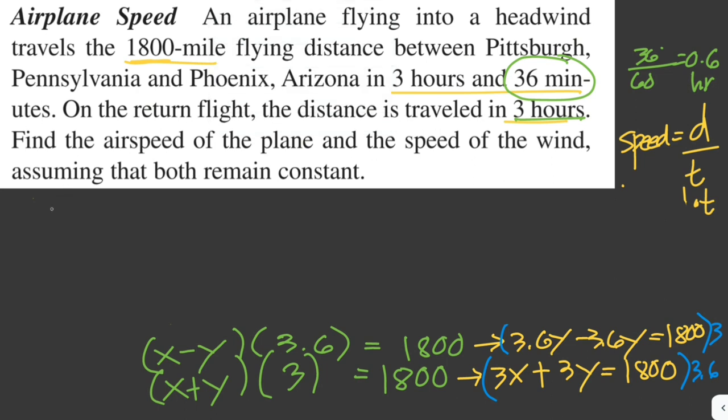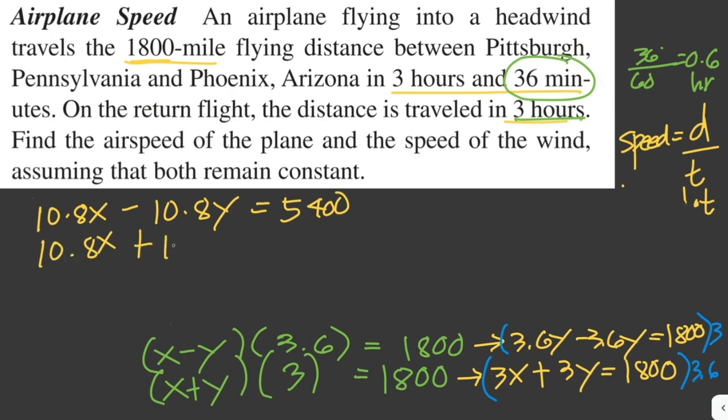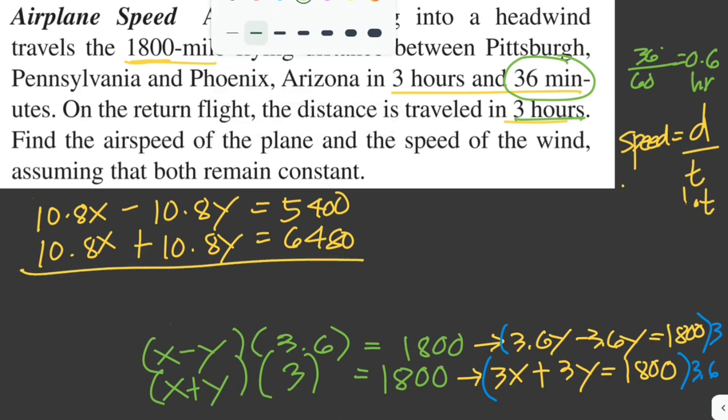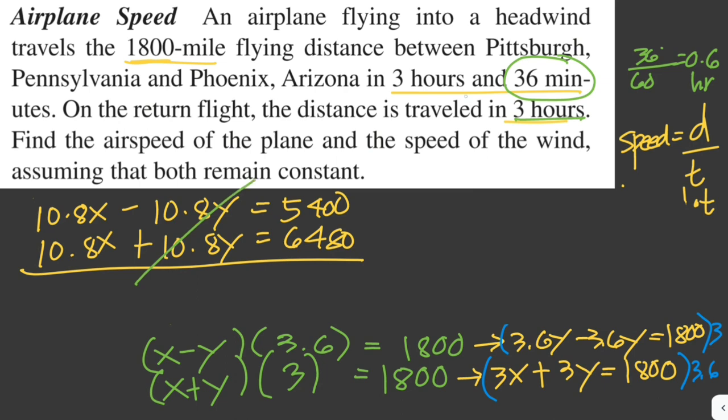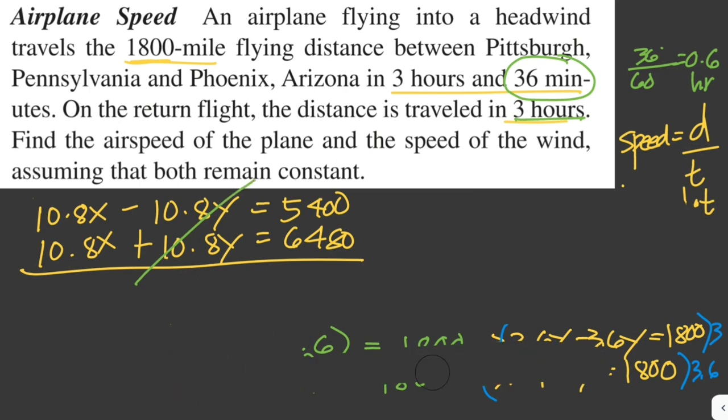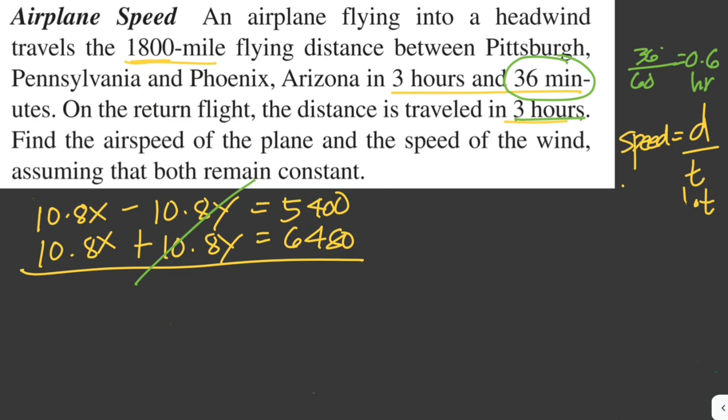Then we have 10.8x minus 10.8y equals 5,400, and then 10.8x plus 10.8y equals 6,480. Now, by adding the two equations, we can eliminate y here, and we are left with x.